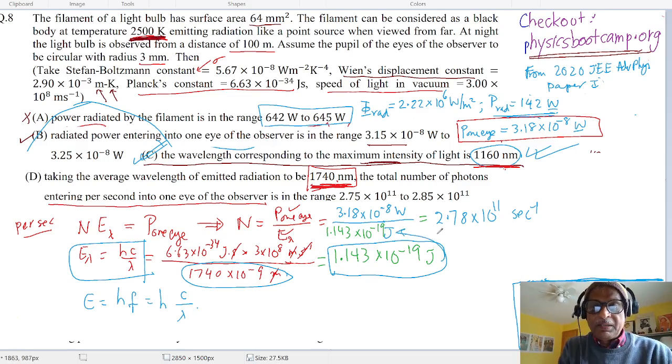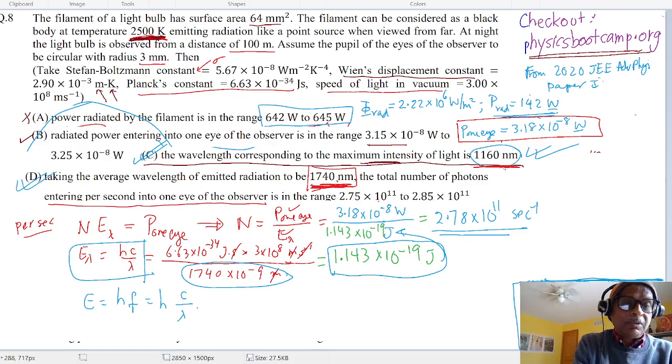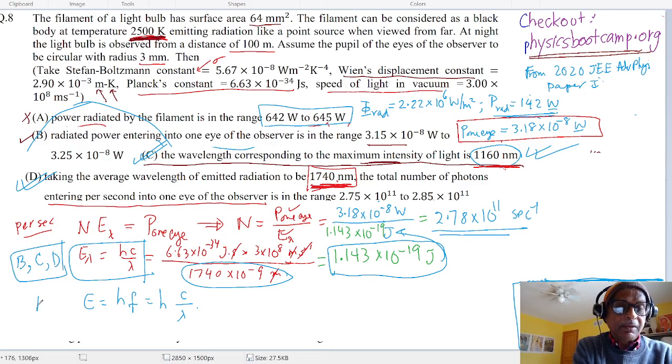Then I plugged in here, and this is between these two values. So this is correct too. So the answers to these questions will be B, C, and D. These are correct, and A is not correct.